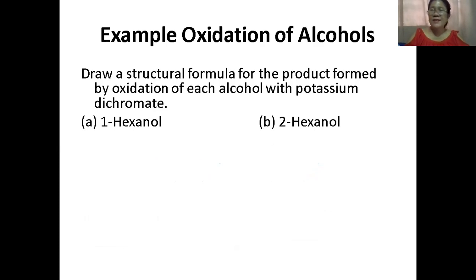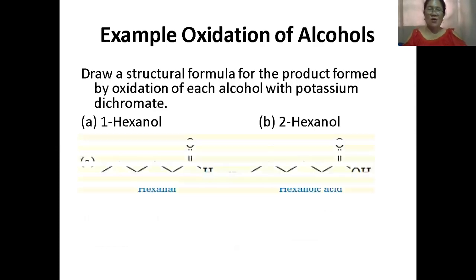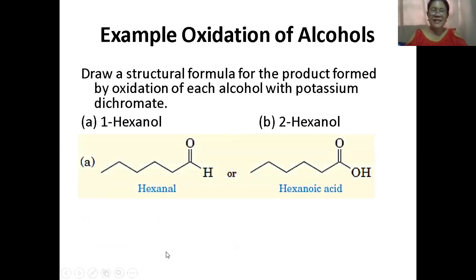So, more examples of oxidation of alcohol. First is 1-hexanol. What is 1-hexanol? This is a primary alcohol. Of course, what will be the product? Basta primary, first it can become an aldehyde, hexanal.